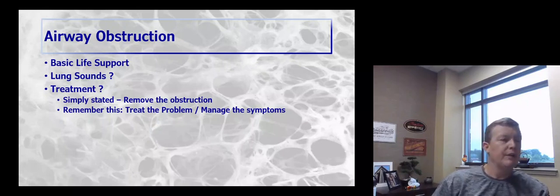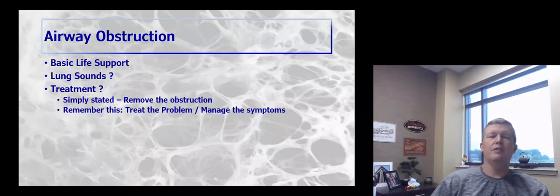Remember this, if you haven't heard this from me a few times already, you will hear it a whole lot between now and the end of the semester. We're going to treat the problem and manage the symptoms. So an example here would be, you have this patient on the monitor and their oxygen saturation is 85 and dropping: 85, 80, 76, 72. Putting oxygen on them is not going to help. That's managing the symptoms. We have to treat the problem.